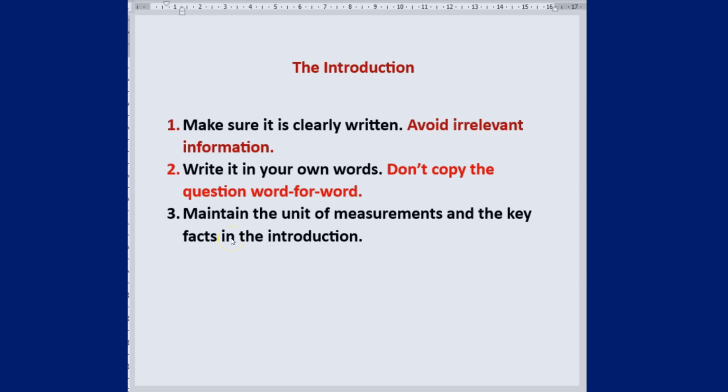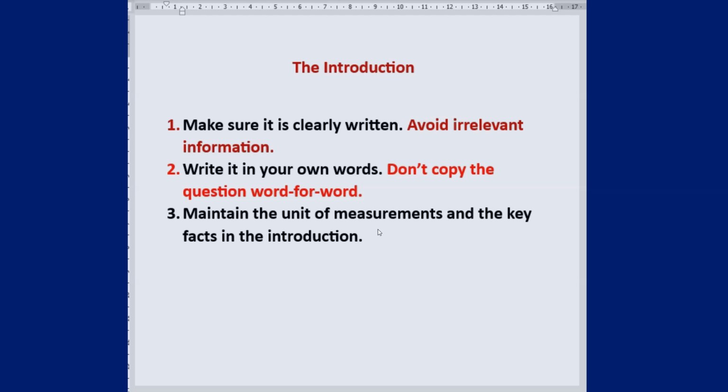So make sure you maintain the unit of measurement and the key facts in the introduction, right? If the unit of measurement is about maybe money, and you have the unit for maybe a pound sign there, or maybe a CD sign there, make sure you are still maintaining that unit of measurement.